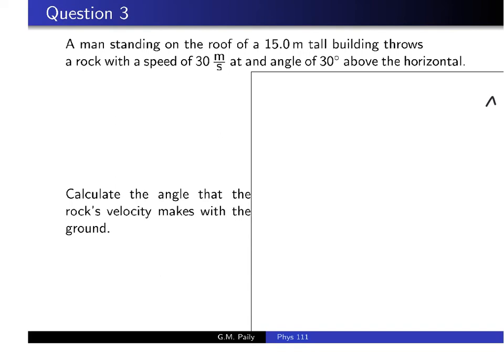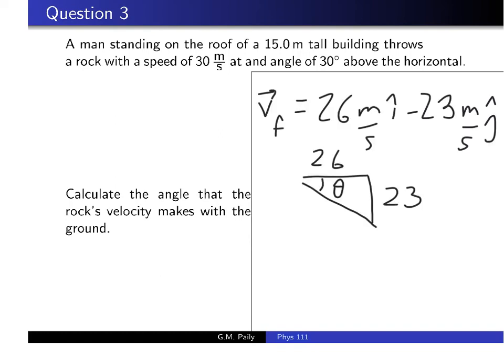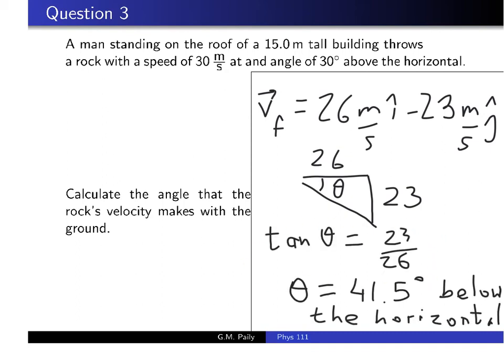This is how the triangle looks. Since we know the values of the adjacent and the opposite, we can use the tangent function. So we have tan theta is 23 over 26, and solving for theta, we have that the angle the velocity makes is 41.5 degrees below the horizontal.